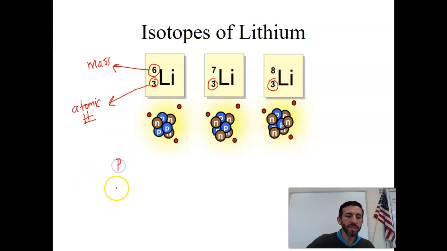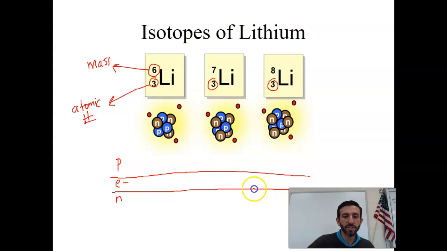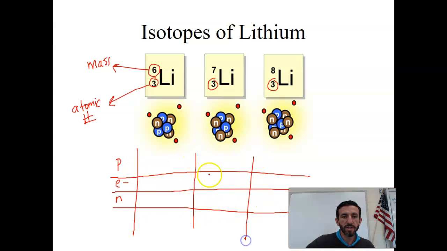Now for each one of these, let's calculate the number of protons, neutrons, and electrons for each of these isotopes. Okay, so we have these 3 here. The atomic number is 3, so I know that atomic number is the same as the number of protons and electrons.